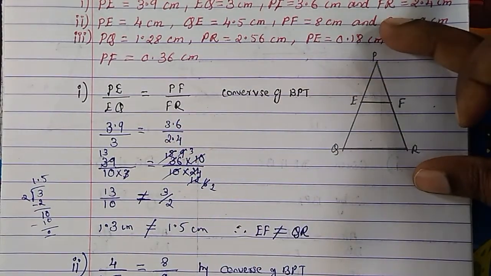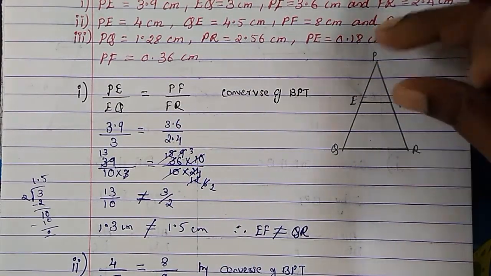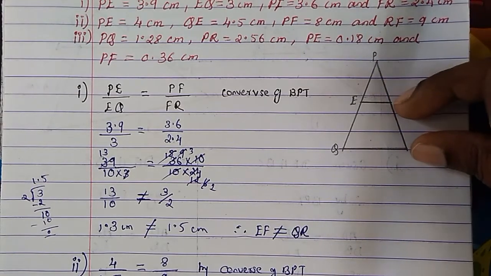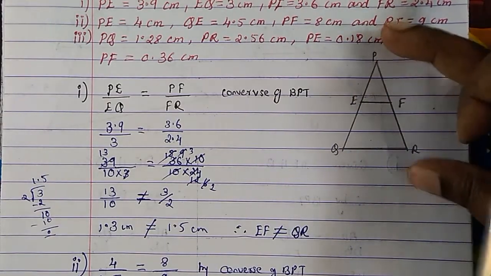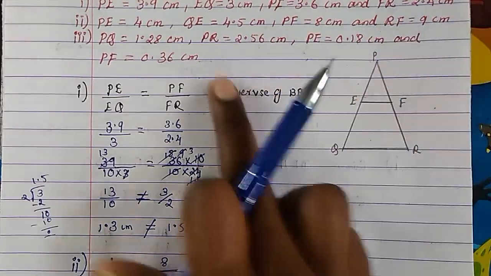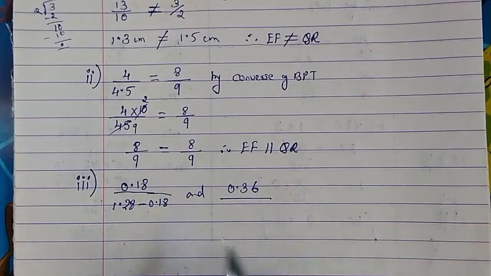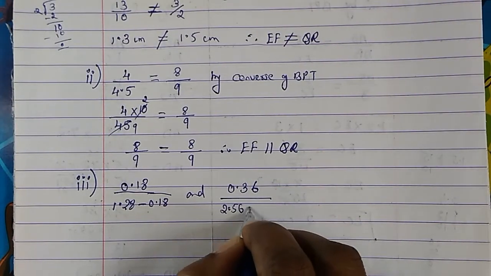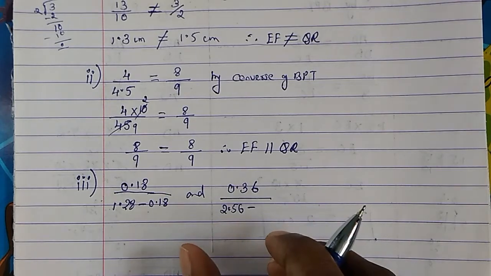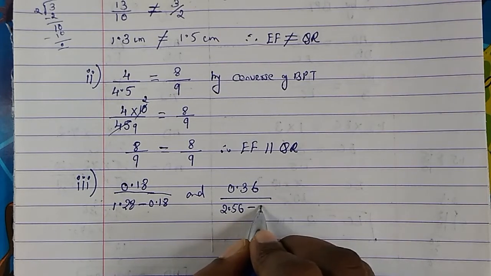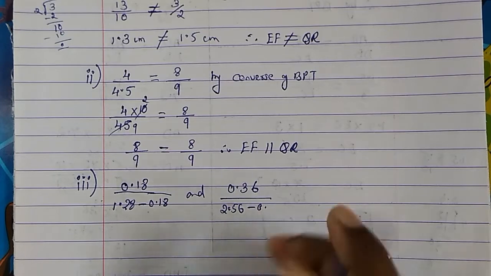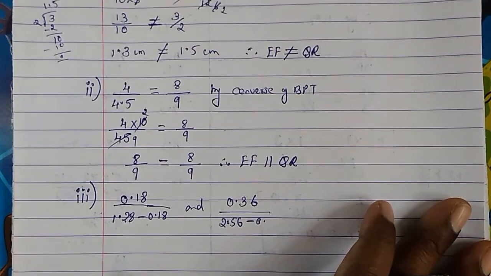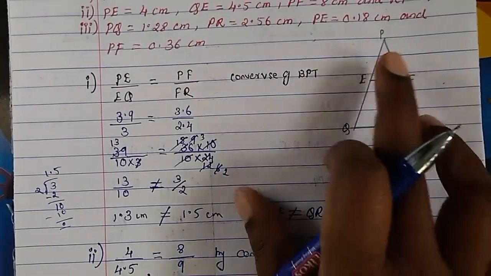PR, whole thing is given to us. So from the whole thing we will minus this part, then we will get this. PR is how much? 2.56. From there minus PF is 0.36.